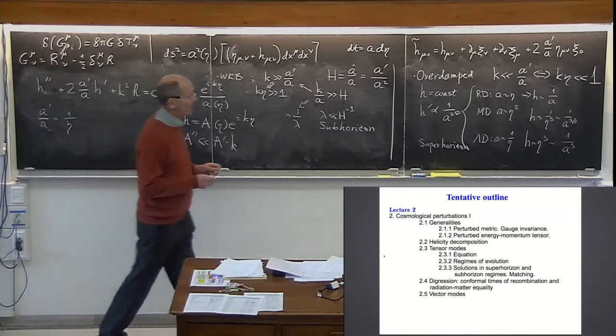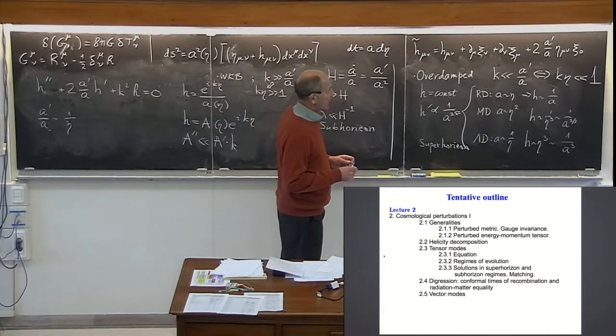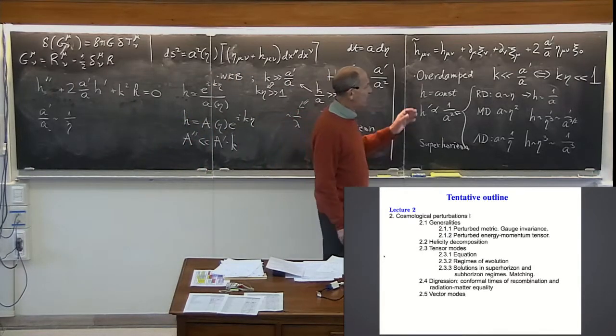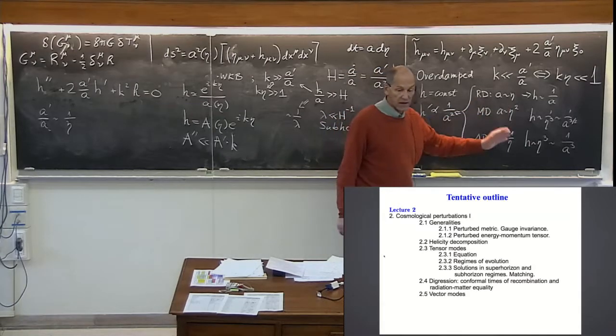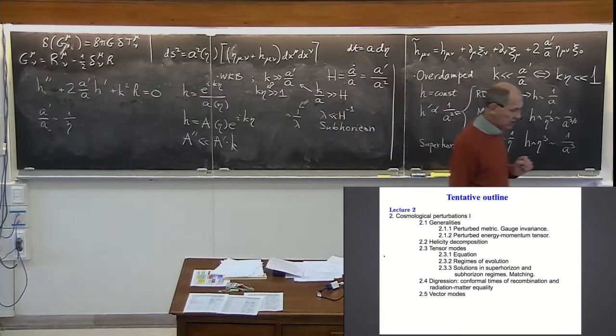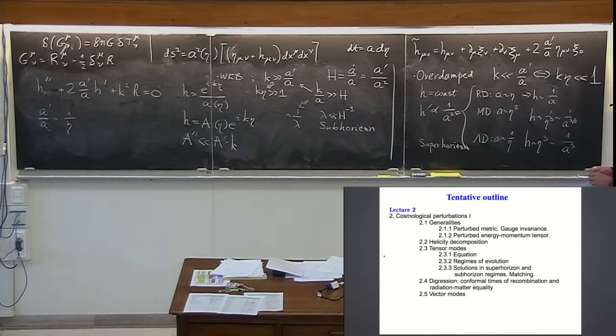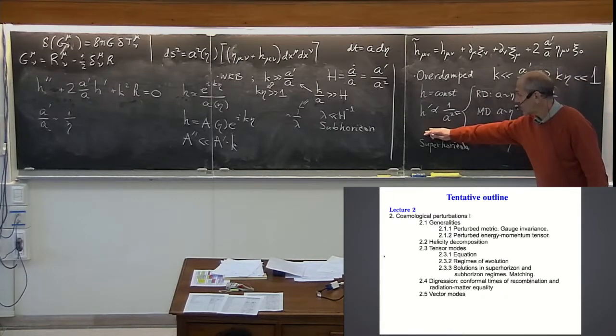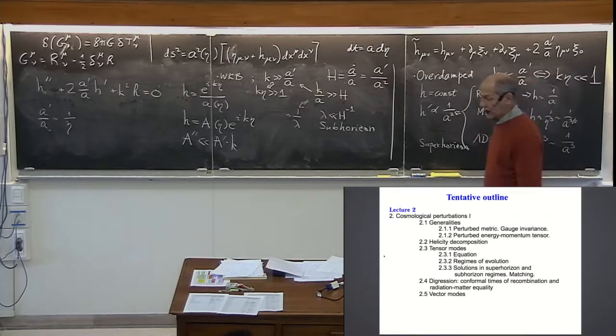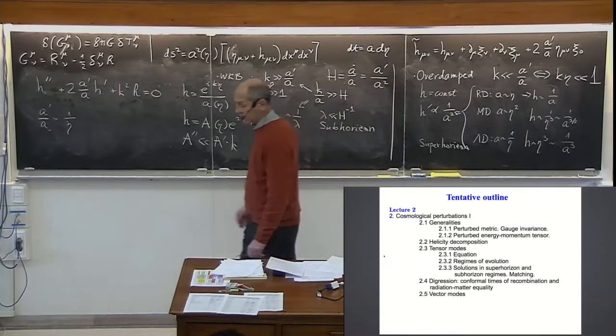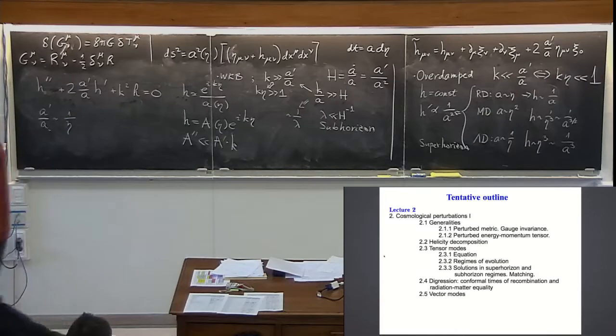Okay? Now, clearly, if my perturbations at very early radiation domination epoch are not large in amplitude, then this part, which is the decaying mode, will decay towards the horizon entry. Okay?